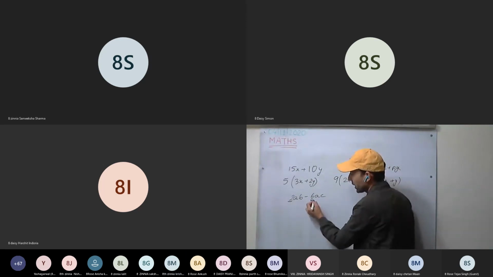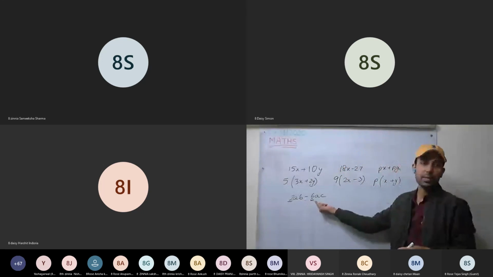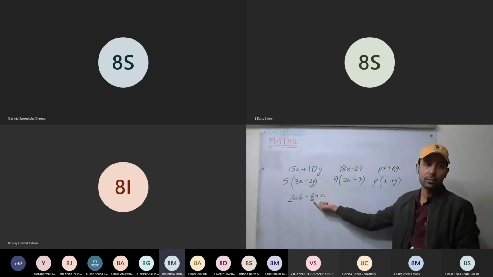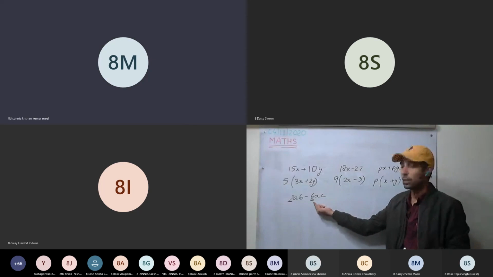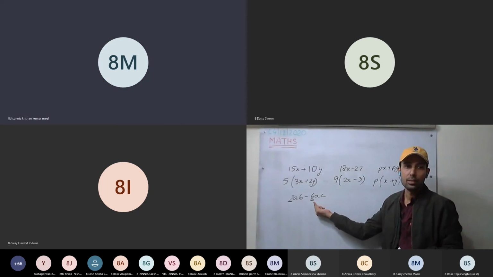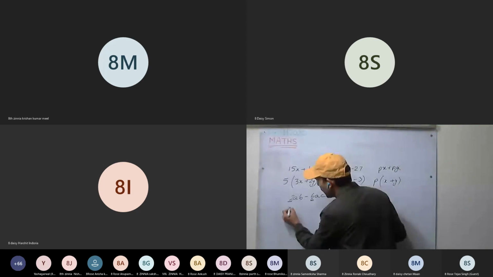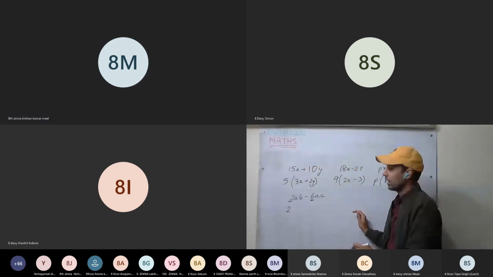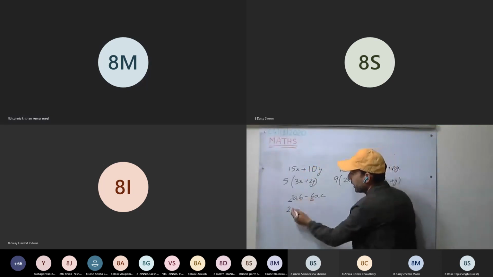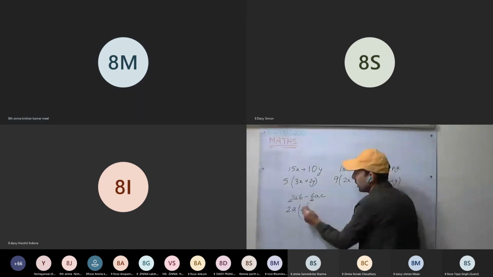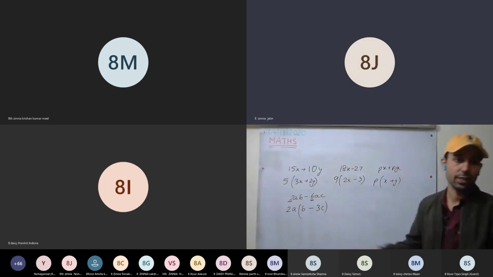Here we have 2, here we have 6. Between the constants, which will be the highest common factor? 2 will be the common factor. And in variables, a. Now divide each term by 2a. So it will be b minus 3c. Okay.